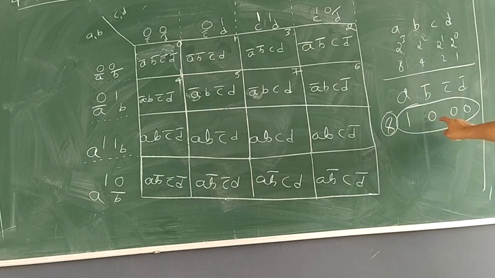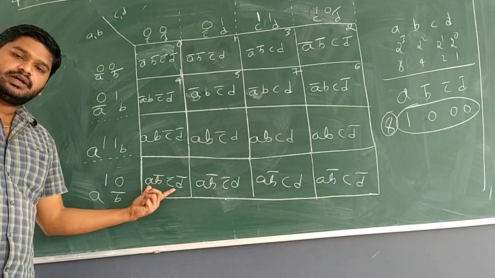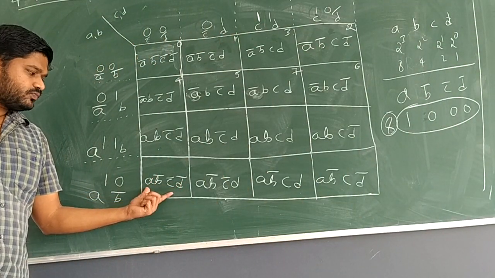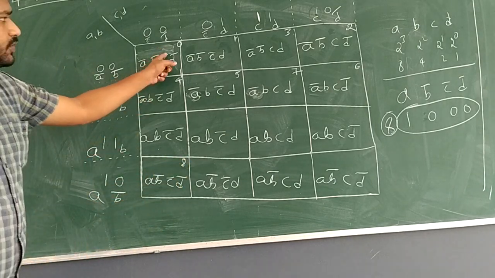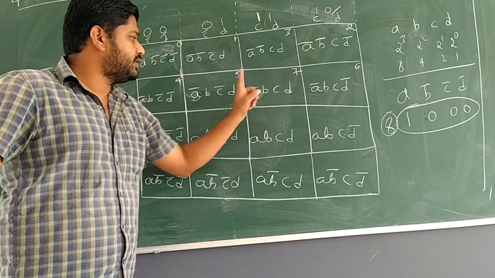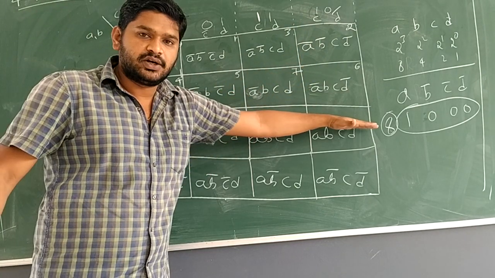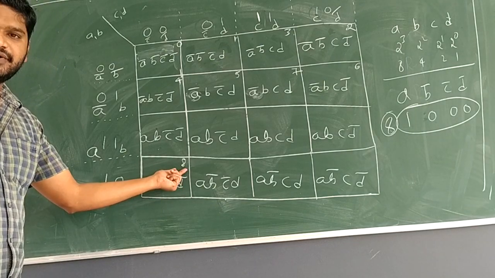Where is this present? 1, 0, 0, 0, or A, B complement, C complement, D complement. It is present in the 4th row. Hence we will get 8. 0, 1, 2, 3, 4, 5, 6, 7. Skip the 3rd row: the 4th row starting number is 8.